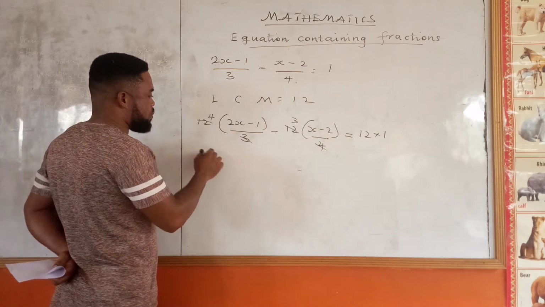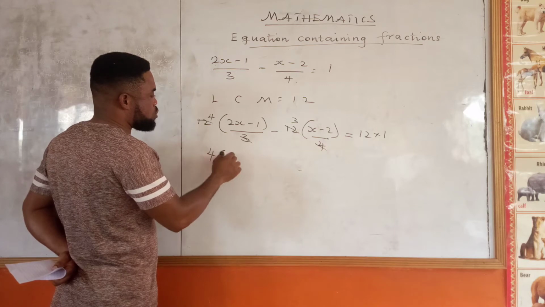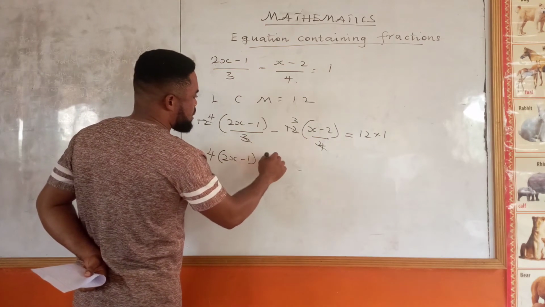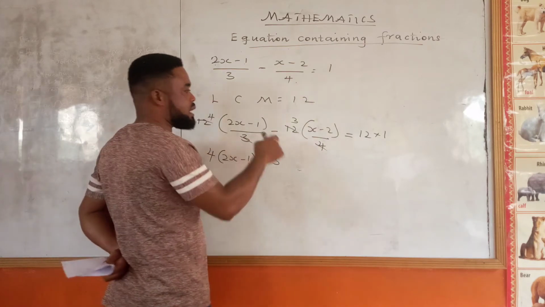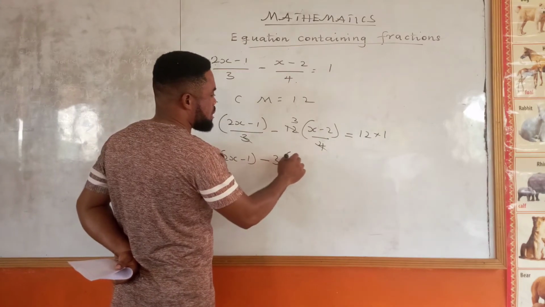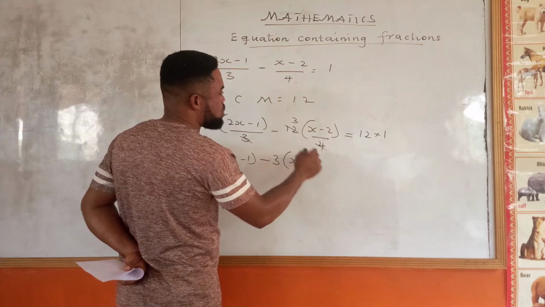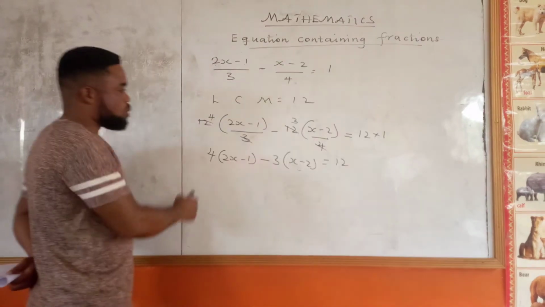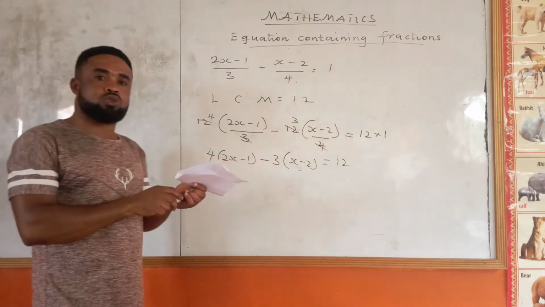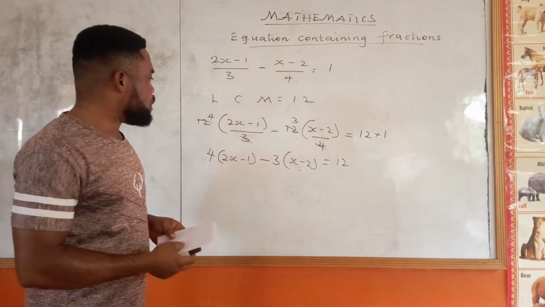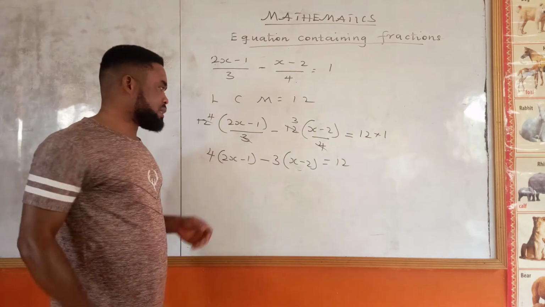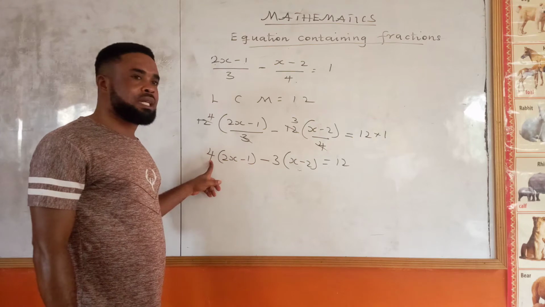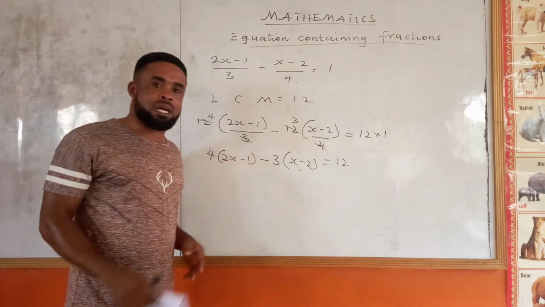So now let's rewrite the equation. So we are going to have 4 into bracket 2x minus 1, then minus 3, because there is a negative sign here, into bracket x minus 2, equal to 12 times 1, which will give us what? 12. So when you reach here, all that you need to do is to decompose or break the bracket by multiplying the term outside the bracket by each term in the bracket.